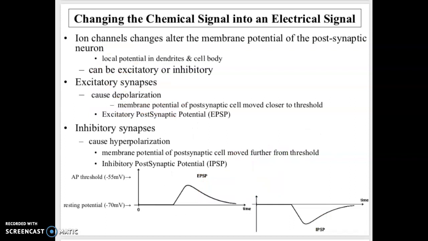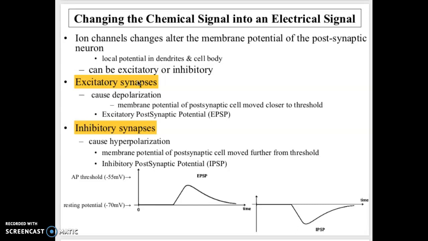So based on the type of neurotransmitter present, that will trigger either an excitatory synapse, which is depolarization, or an inhibitory synapse, which is hyperpolarization. So depending on the situation, the postsynaptic neuron can either be excited or inhibited.